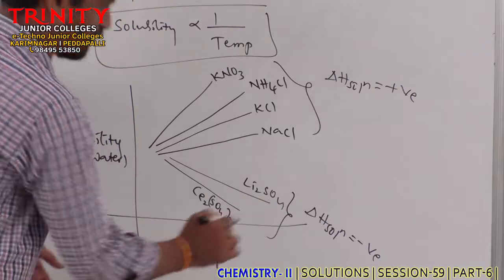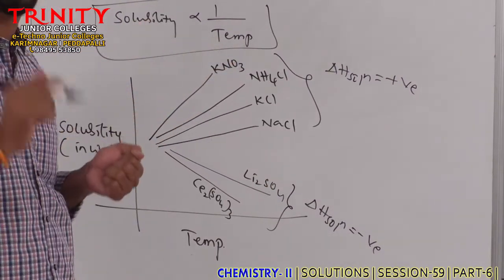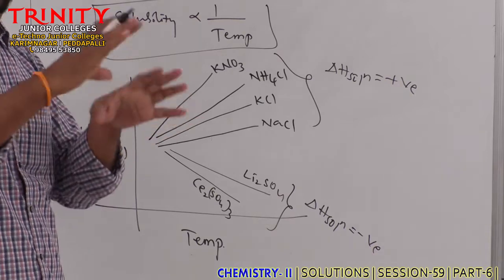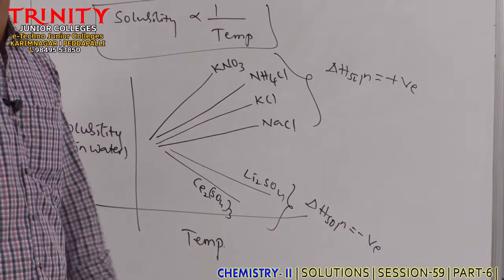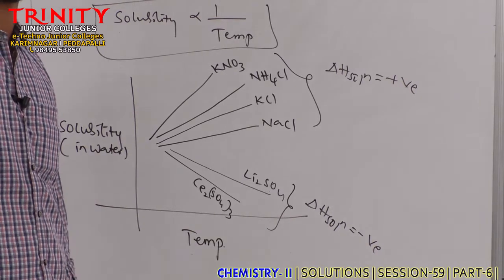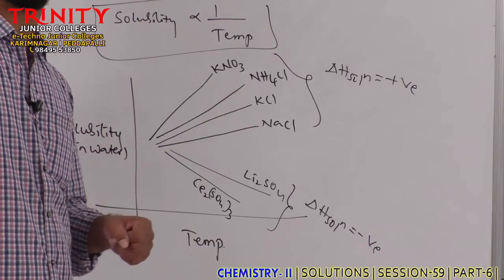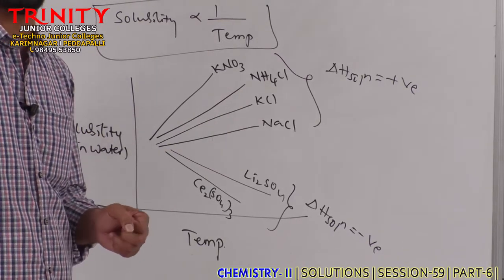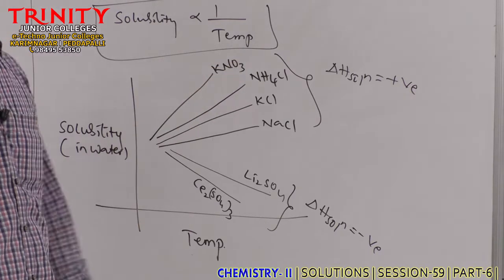As delta H of solution is negative, formation of solution is an exothermic process, so the rate of formation of solution decreases with increasing temperature. Why? Because exothermic reactions are favored at low temperature, endothermic reactions are favored at high temperature. Clear? So like this we can say as per Le Chatelier principle.